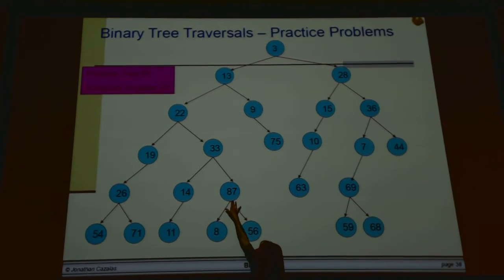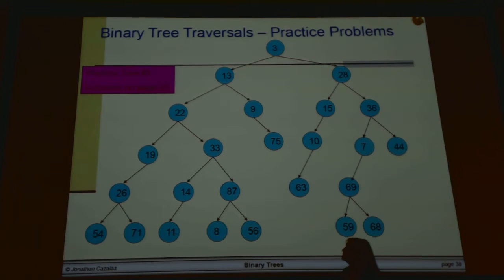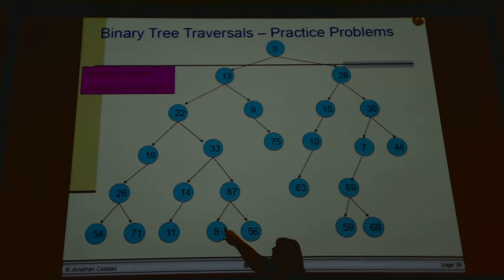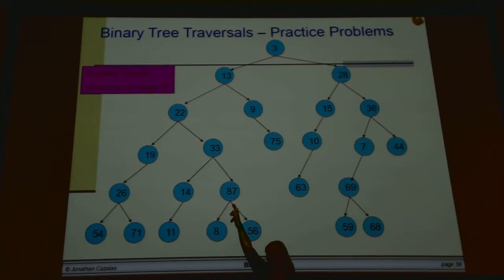We've exhausted this relationship here. So now we can roll 87 back up to our 33. Now we can print 13. Are you guys tracking on that? Mm-hmm. We printed our 87 because it's in order.